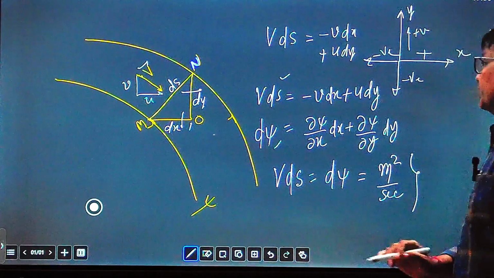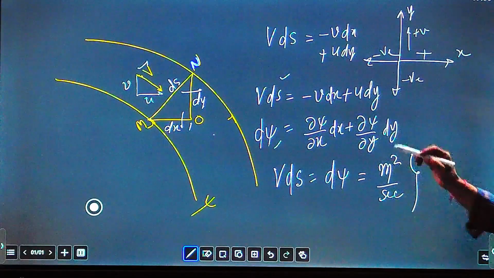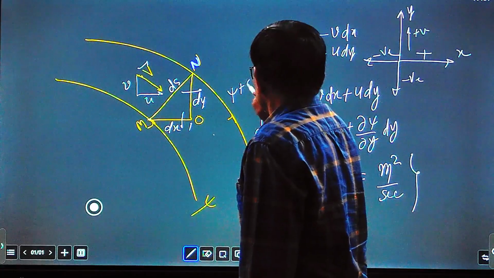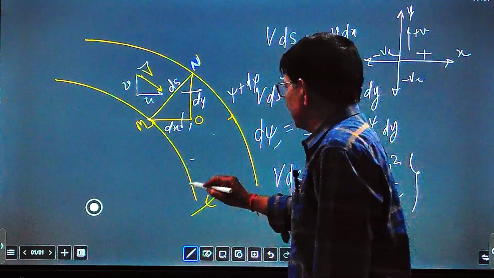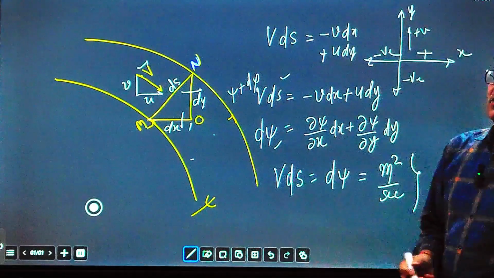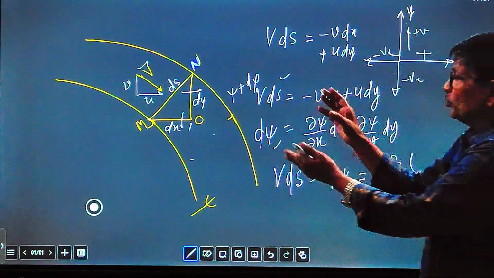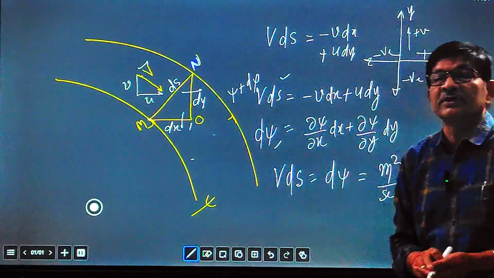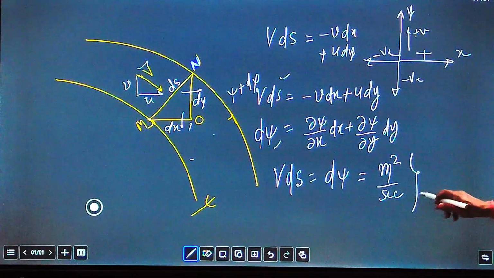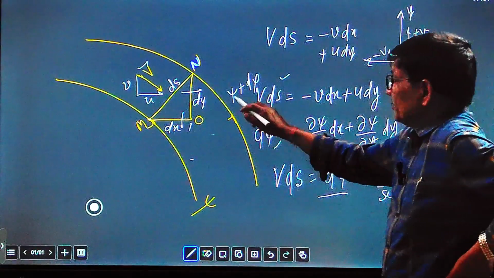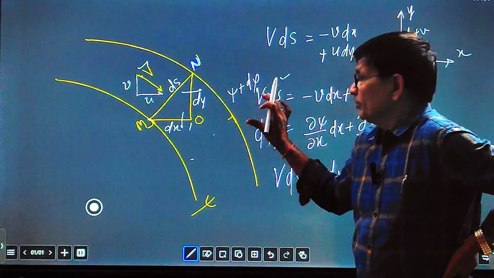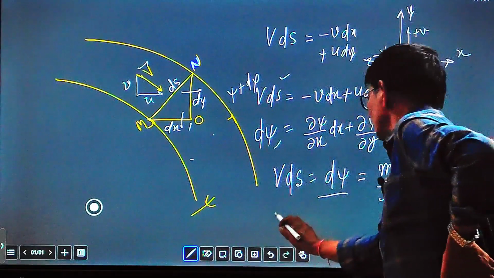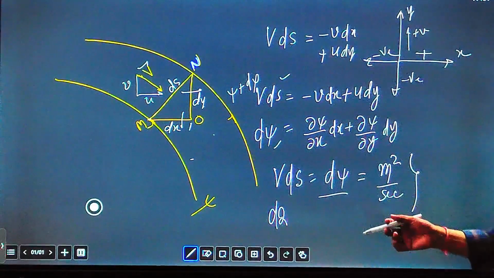So what is the physical significance of flow? What is the physical significance of two streamlines, psi and psi plus d psi? This one is psi and this is denoted by psi plus d psi. So d psi, the difference between two streamlines, denotes the flow between these two streamlines per unit thickness, meter square per second, meaning V ds equals dq. That is the physical significance of psi: psi denotes flow between two streamlines.